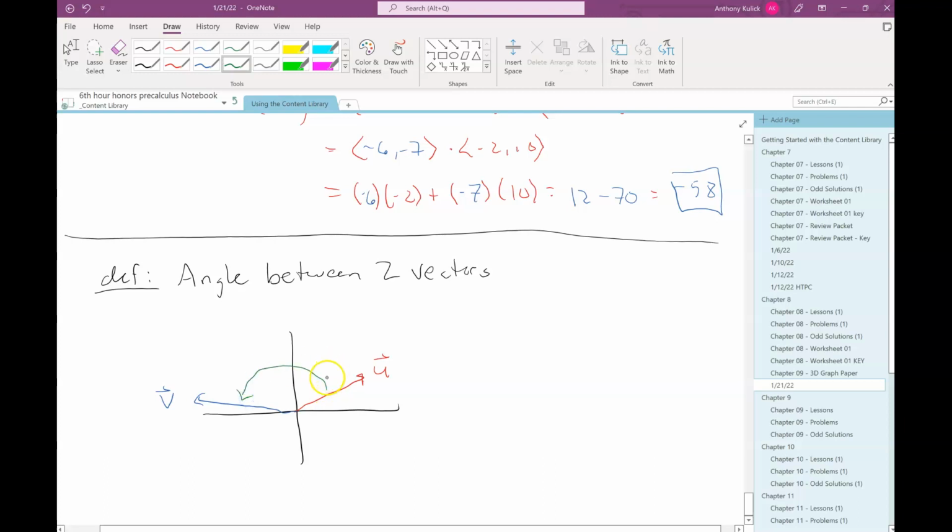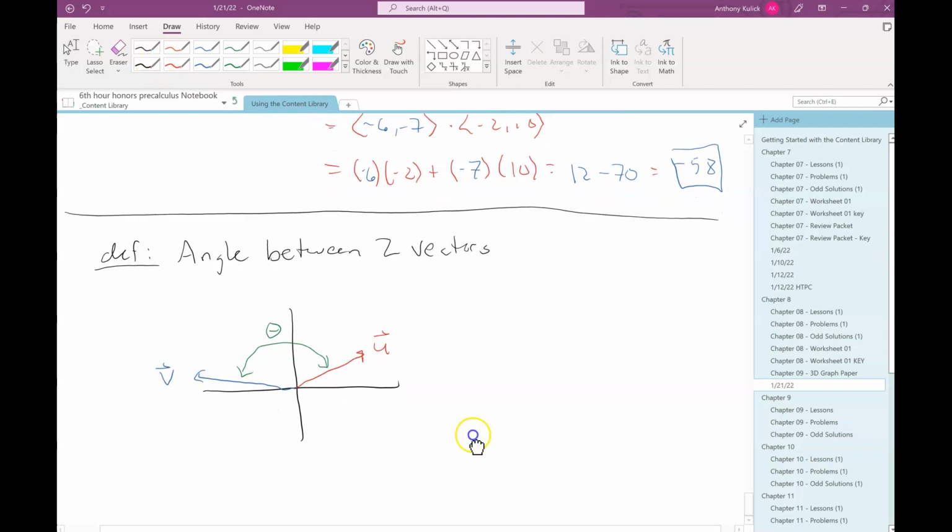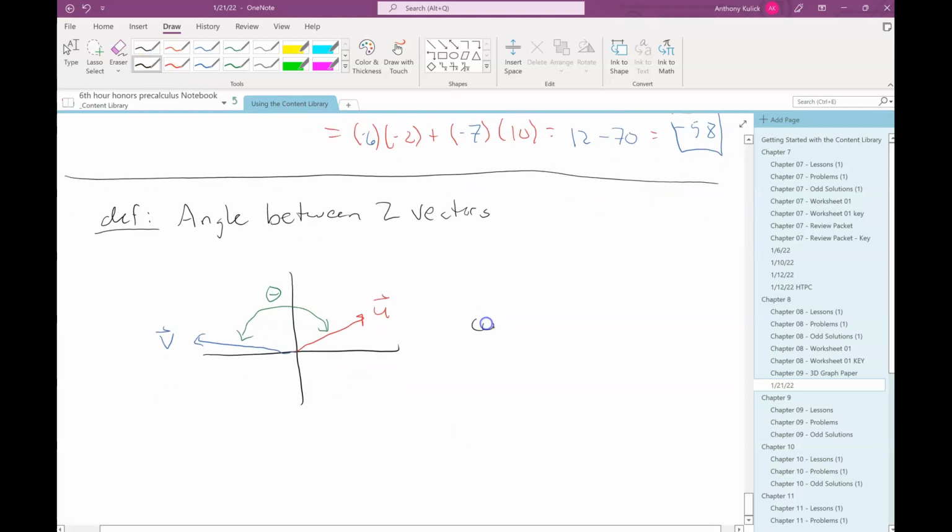The angle between those two vectors is this angle here that we've drawn. So the way to find that is going to be cosine theta is going to equal the dot product of u and v divided by the magnitude of u times v.